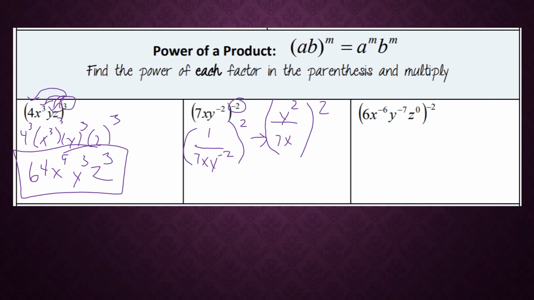So this kind of goes into the next one we're going to learn about, which is power of a quotient. So it's basically saying that same thing, that everything, the y squared, the 7, and the x, each of them are going to be raised to that second power. So it'll become y squared to the second power.